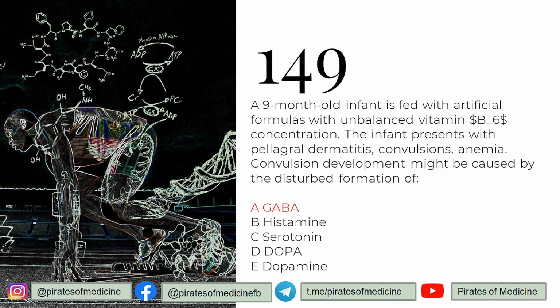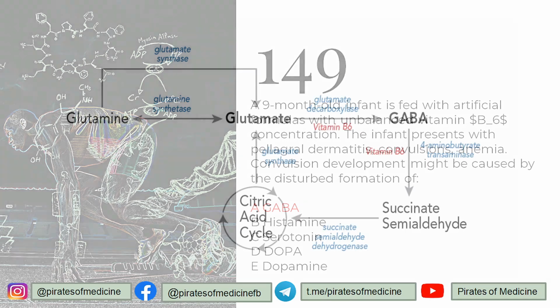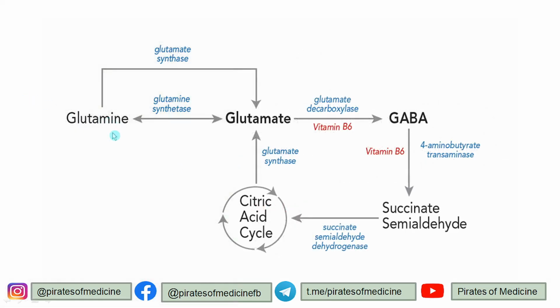So 149. A 9-month-old infant is fed with artificial formula with the balanced vitamin B6 concentration. The infant presents with pellagra dermatitis, convulsions, anemia. Now they are asking, convulsion development might be caused by the disturbed formation of what? Now if you remember, glutamine is converted into glutamate by the help of glutamine synthetase. Now this glutamate is converted into GABA, the inhibitory neurotransmitter of our body, by the enzyme glutamate decarboxylase.